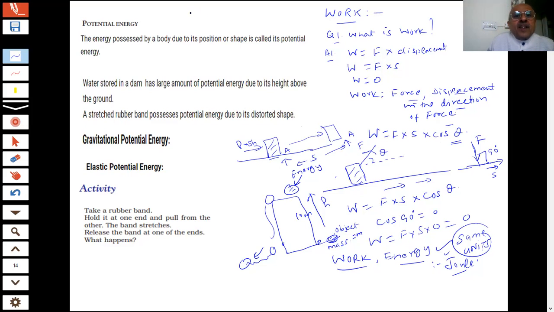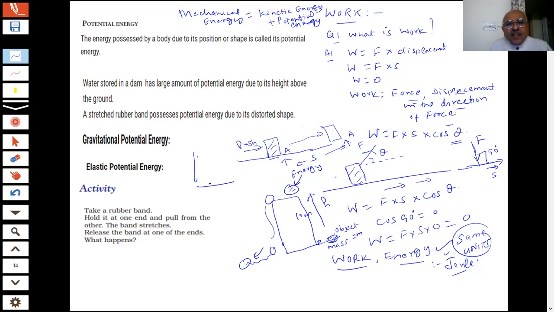There is also mechanical energy, students, which is the sum of kinetic energy plus potential energy. And these energies keep interconverting, kinetic into potential, potential into kinetic. This process keeps going on, students.